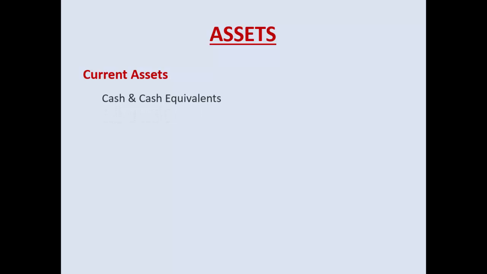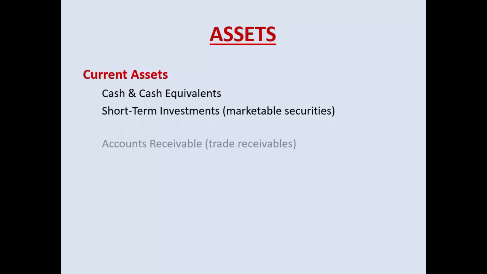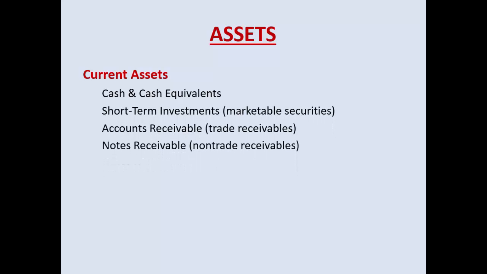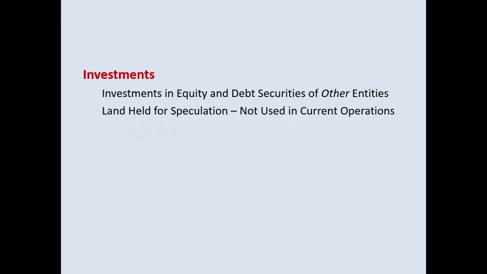Now, assets, the current assets, briefly going over a list, and this is really the order that it should be shown, order of liquidity. Investments, these are looking at investments in other corporations. Land held for speculation that is not currently used in operations has to be classified in your investments.